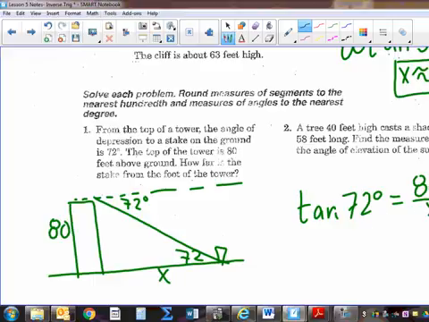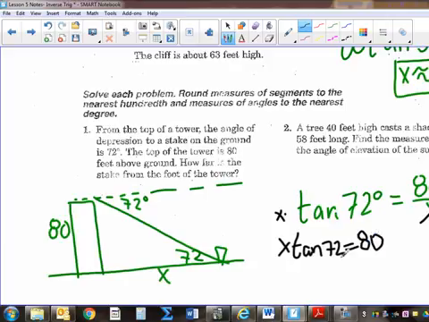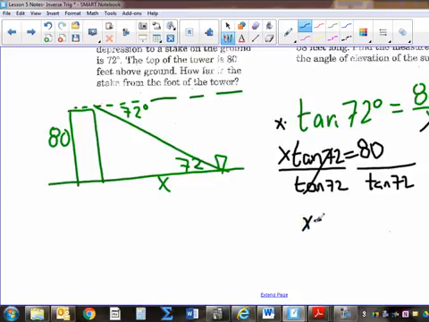Alright, so then we multiply both sides by x. That cancels out over here. So I have x times tangent of 72 degrees equals 80. And then to get x by itself, I have to divide by tangent of 72. Remember, you should never be dividing by just tangent. All right, so divide by tangent of 72 on both sides. Make sure your calculator is in degrees. And then I have x equals 80 over tangent of 72.